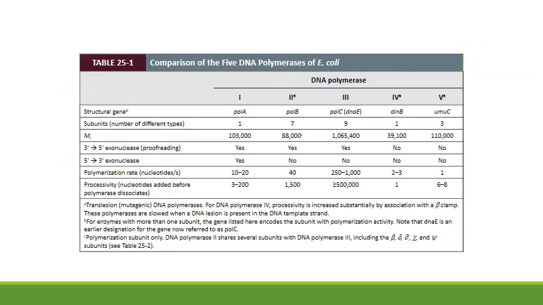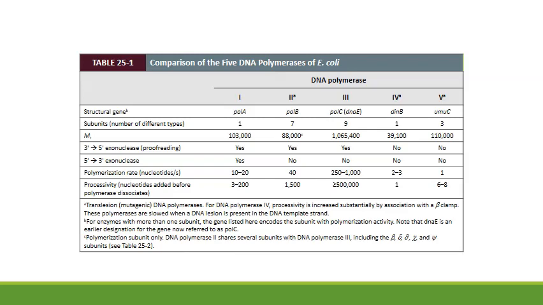This gives you the general breakdown of each one of those DNA polymerases in E. coli. It has the name of the gene that codes for it and the number of subunits. You can see some of them have more than one subunit. DNA polymerase 3 has 9, whereas DNA polymerase 1 only has 1. Some of them have proofreading ability where others do not.